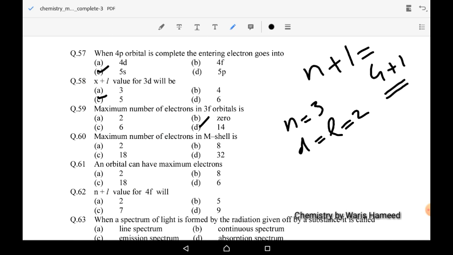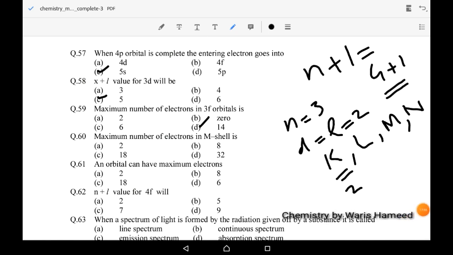Maximum number of electrons in M shell is... first shell is K, second is L, third is M, fourth is N. K can have 2 electrons, L has 8 electrons, M has 18 electrons, and N has 32 electrons. So M shell can have 18 electrons.